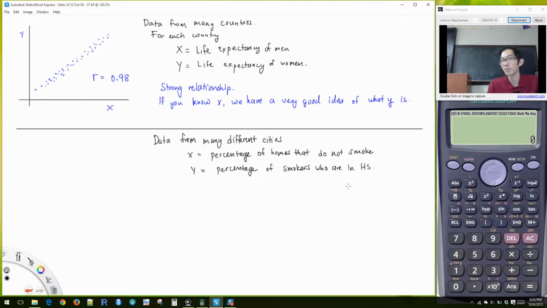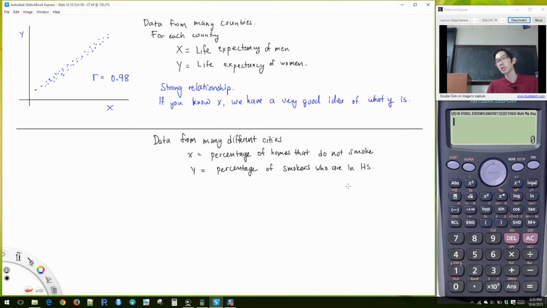And then we go to Los Angeles. These percentage of homes in Los Angeles are smoke-free, and this is the percentage of smokers in high school, things like that. Okay, so we're going to go around the country, looking at many different cities.